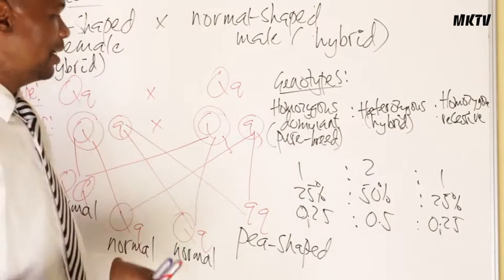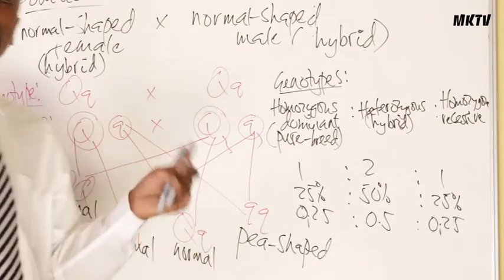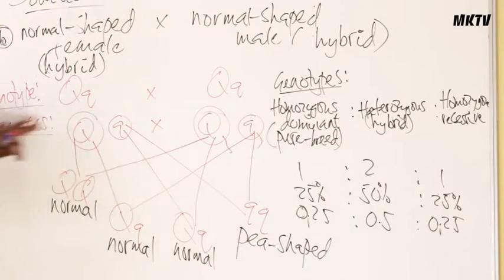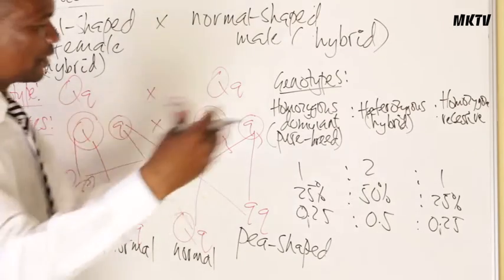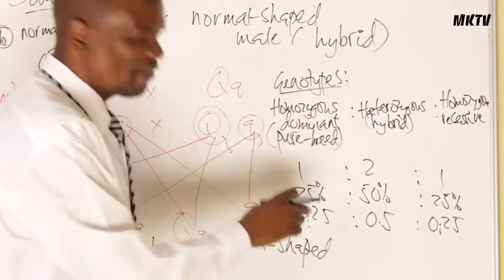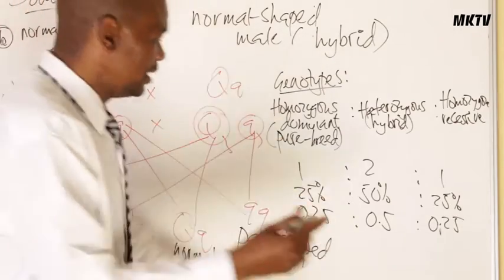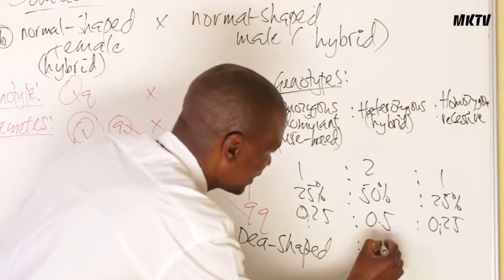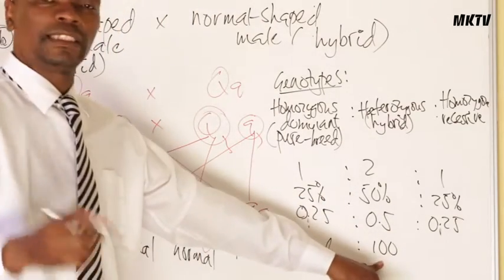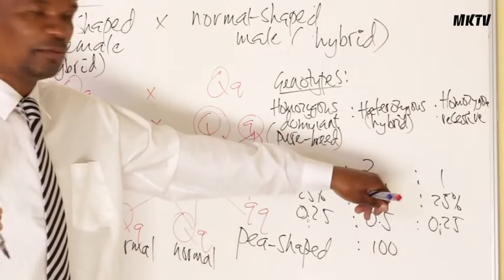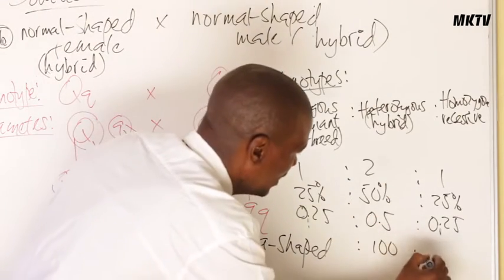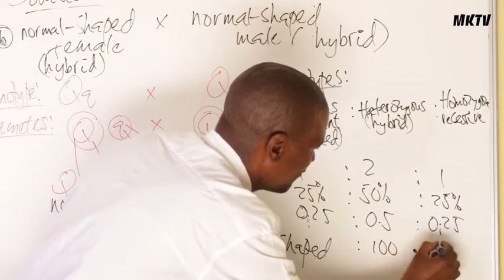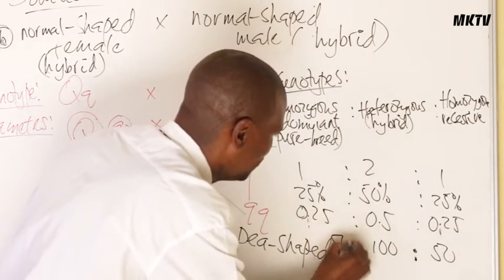Sometimes they give you numbers and say there were 200 chickens born on that farm, and then ask how many of those will be that. We know that 25% of 200 will be, let's start with this one, 100 of them. Out of the 200, there shall be 50 of that and 50 of that.